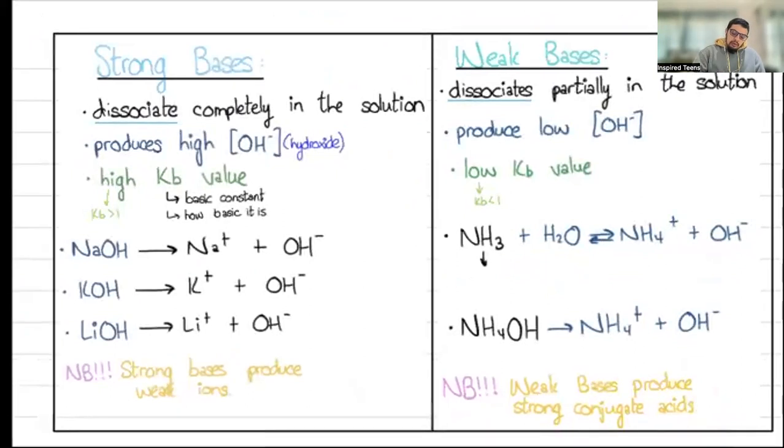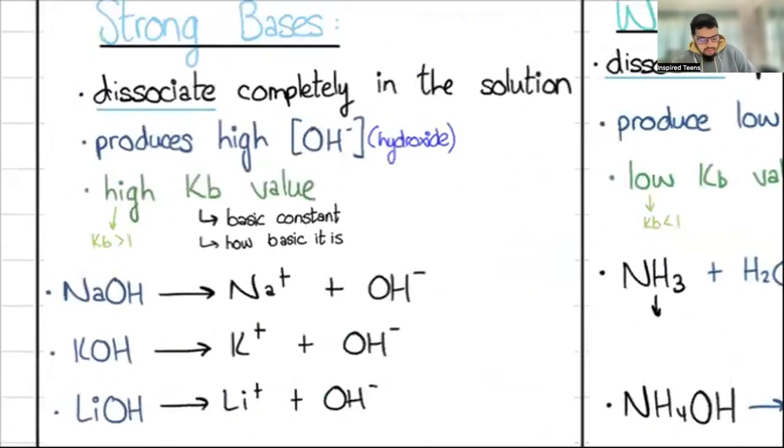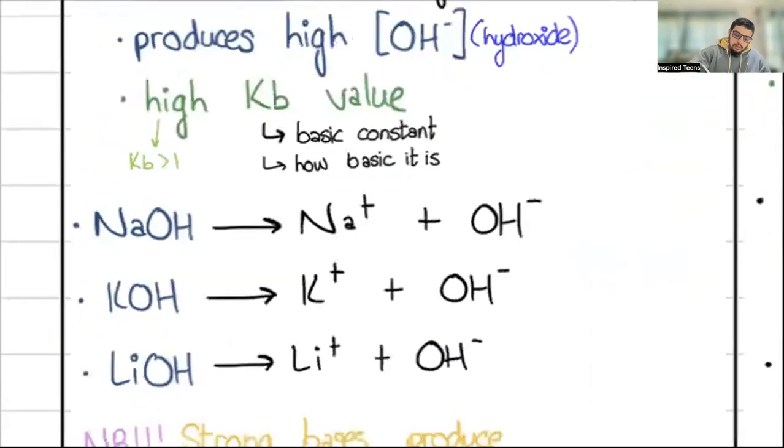So let's look at the first reaction. NaOH dissociates. So this is how we actually show a dissociation reaction. If you remember the ionization reaction, we added water, and the compound ionized in water. But now, in order to show dissociation, we don't add it to water.